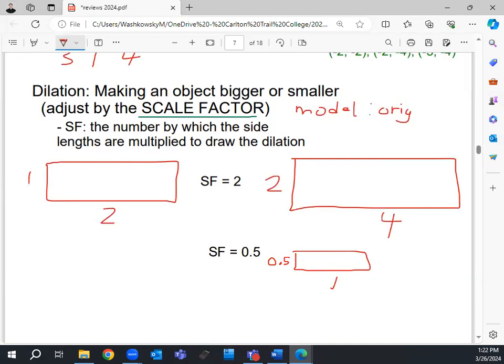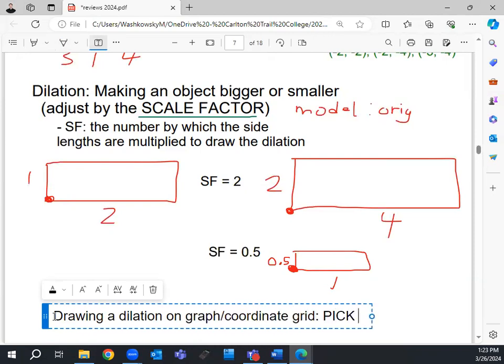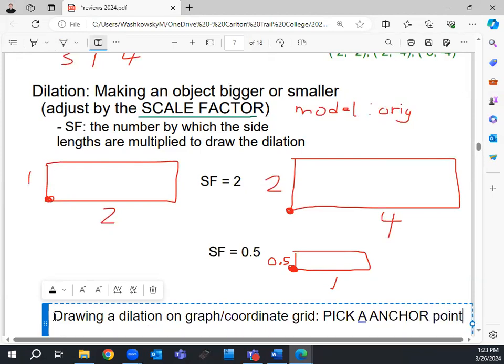So they might ask you to dilate a shape. And when you do that, what I recommend is pick a corner to start from. In this case, I started from the bottom left corner. When drawing a dilation on a graph or coordinate grid, pick an anchor point.